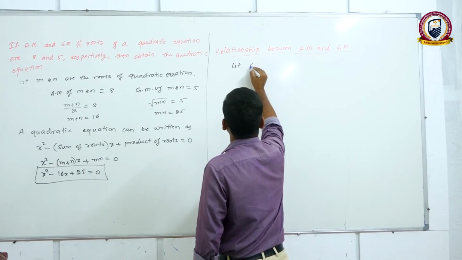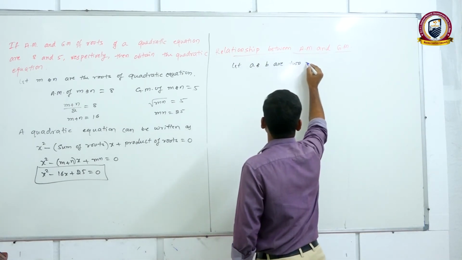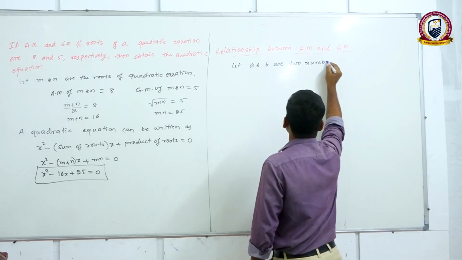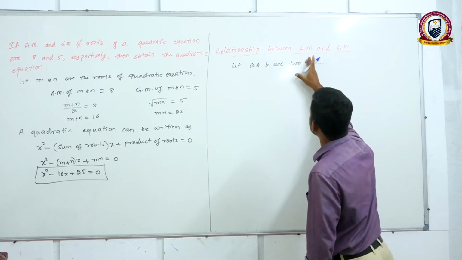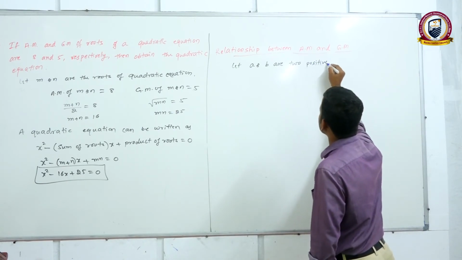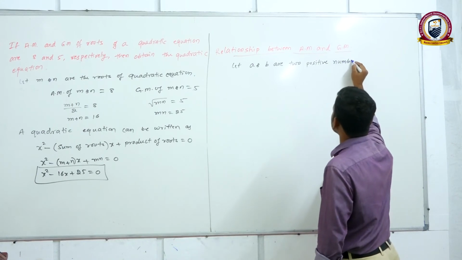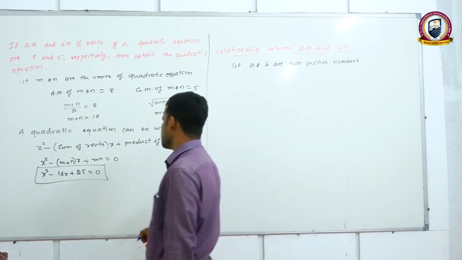Let a and b be two numbers. We have to consider two positive numbers here. Why positive numbers only? a and b are the two positive numbers I am mentioning. Why not negative?